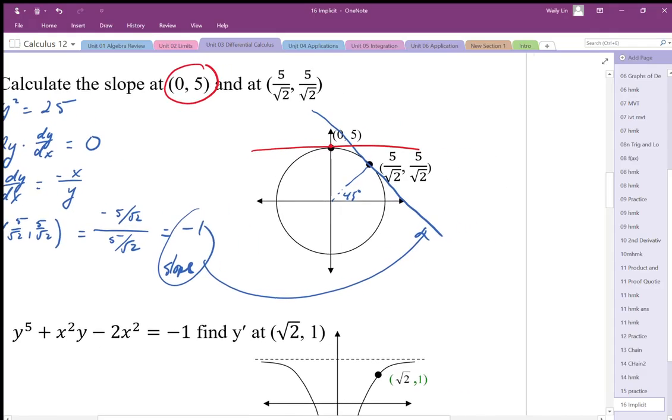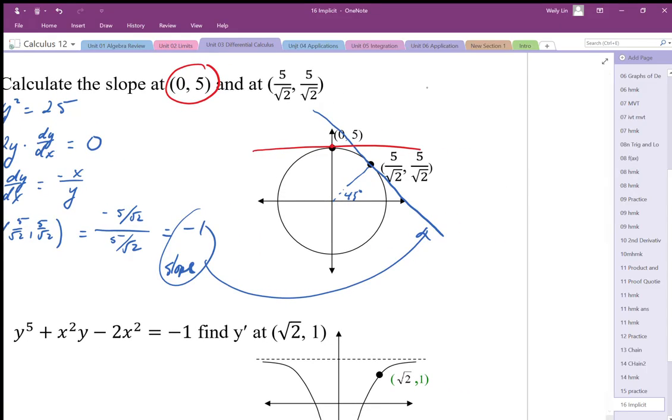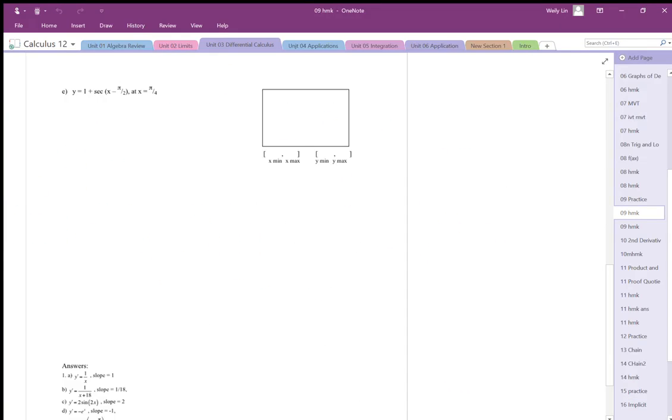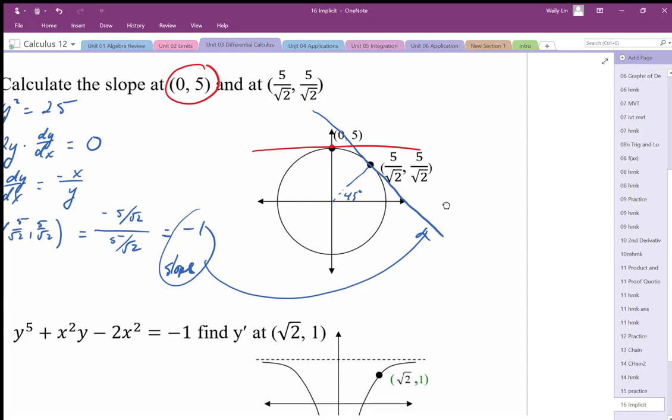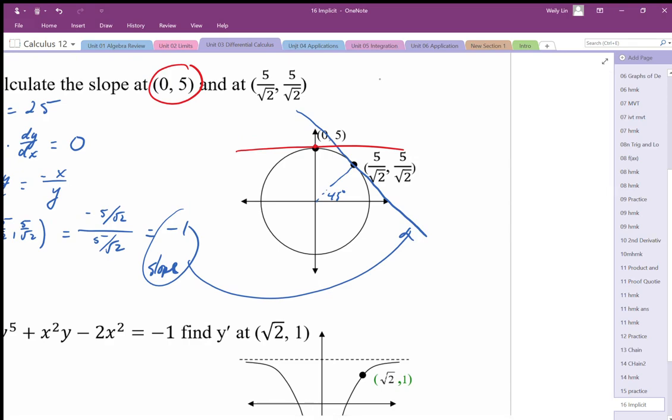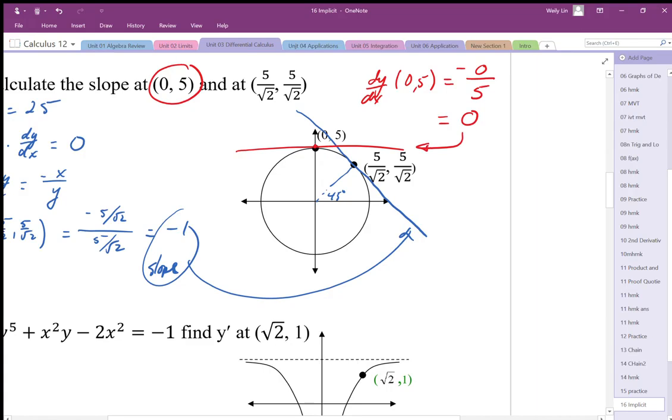So if I use my derivative expression, dy by dx at x is 0, y is 5, there's my negative x over y, and I get a slope of 0. Notice that that is consistent with that coordinate there at (0, 5).